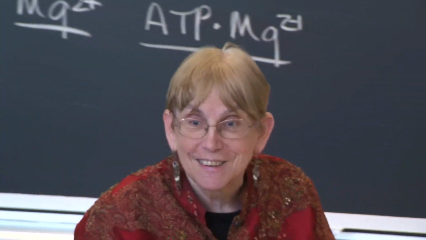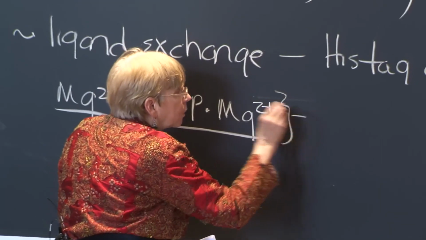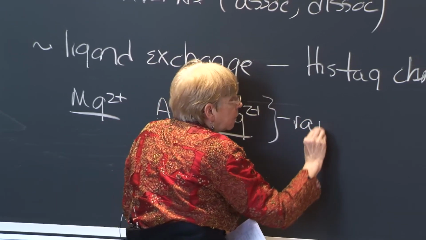But if you try to isolate magnesium through some kind of a column, what happens? The magnesium, because of the rate constants for exchange, falls off. So if you have something else in there that can outcompete it, like protons, it's gone. Depends on the rate constants for exchange, but you never see the metal bound to the small molecule. So this is rapid exchange.